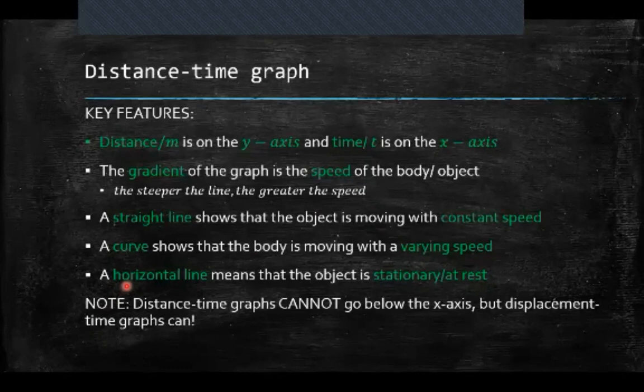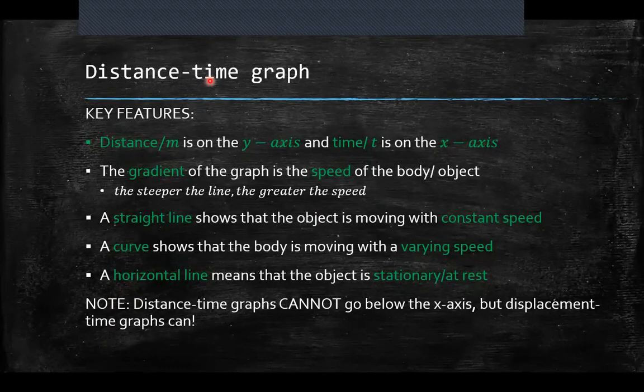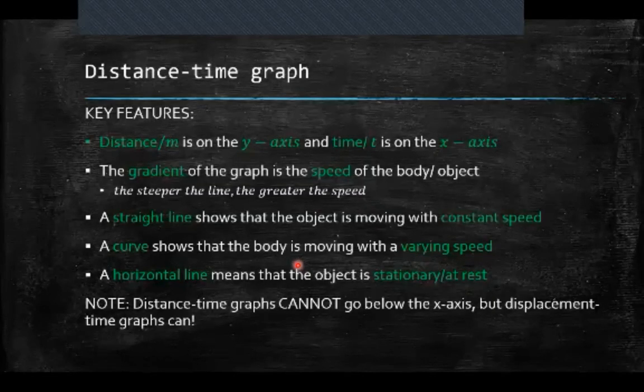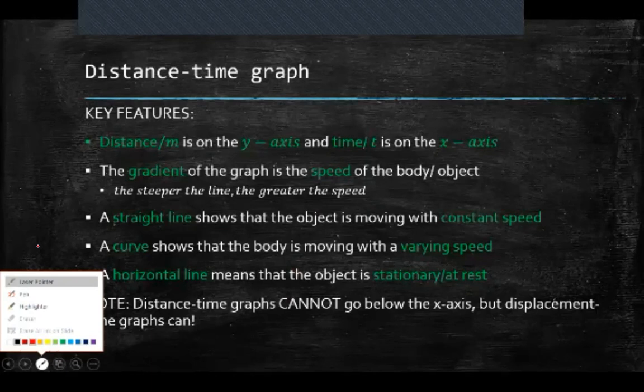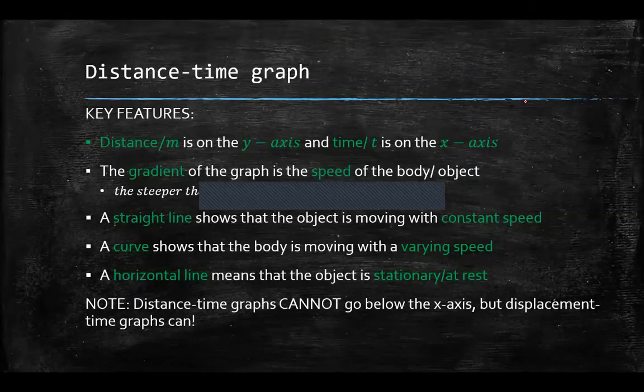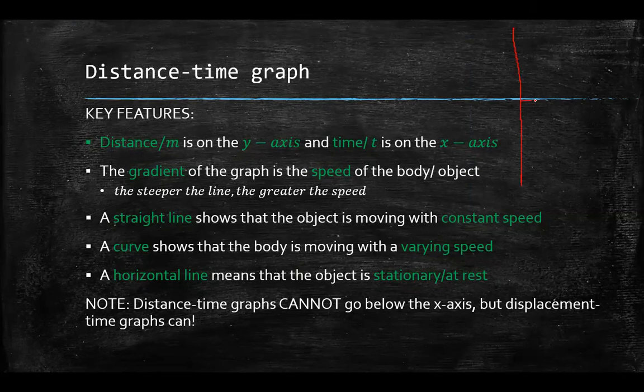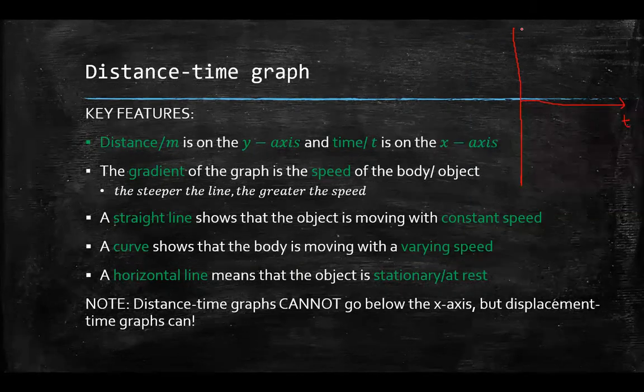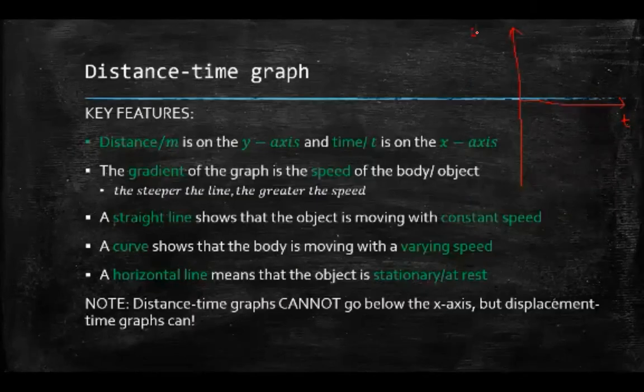Note, this is really the major difference between the distance time and displacement time graphs. Distance time graphs cannot go below the x-axis, but displacement time graphs can. And you might be wondering, but why? So just let me tell you this. So this is time. This is distance in this case.